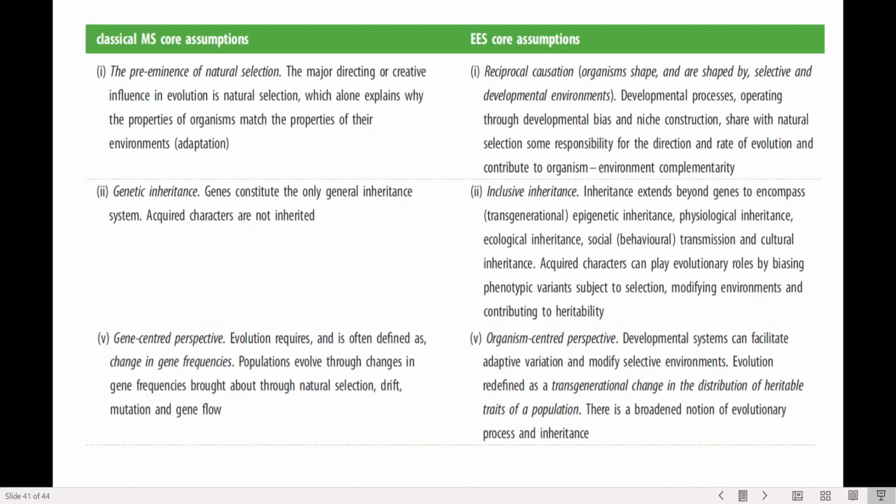So that's the idea of inclusive inheritance. So we have to look at epigenetics, as we briefly discussed with those studies related to the Dutch hunger winter. We have to think about the environments that we inherit from our parents, so the resources that are available to us.